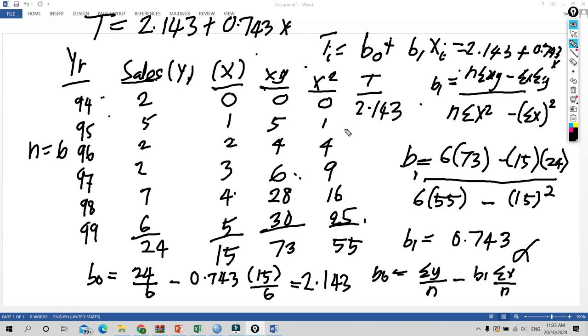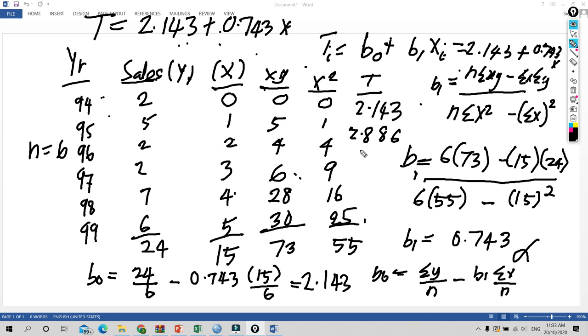For the second one, you just apply this formula: 2.143 plus 0.743 multiplied by 1, which is 2.886.